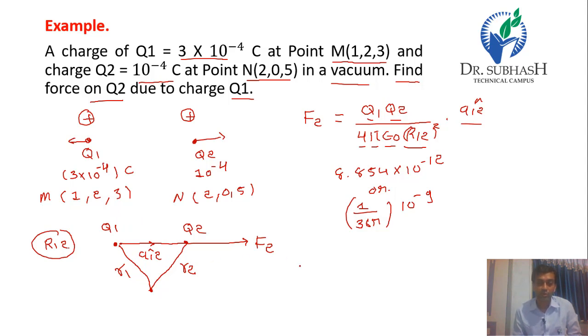From this figure we can say that r12 is equal to r2 minus r1. Here r2 is (2, 0, 5), meaning 2ax minus 0ay minus 5az, minus r1, which is 1ax minus 2ay plus 3az.